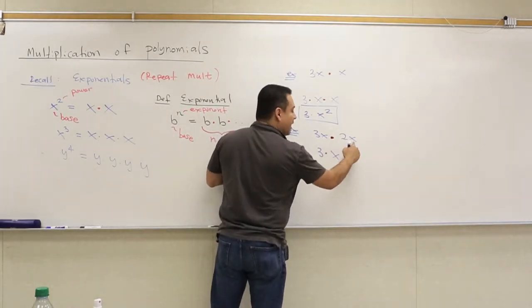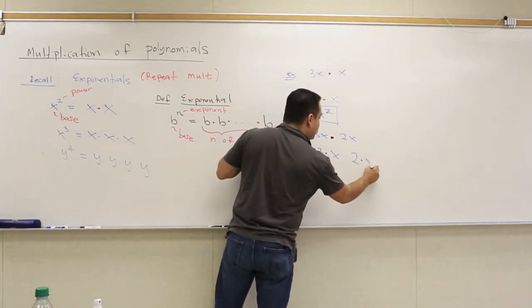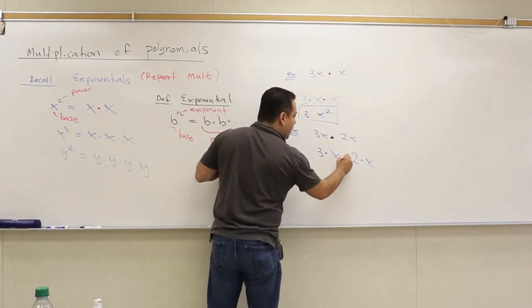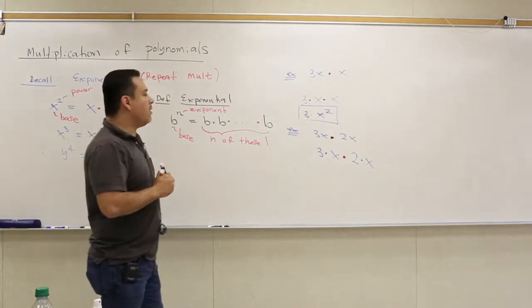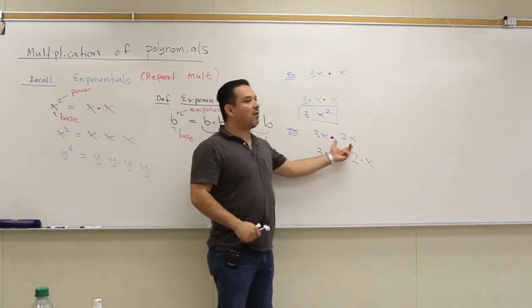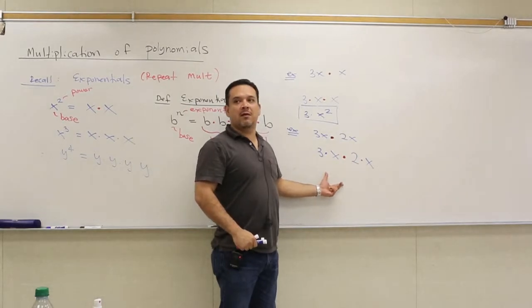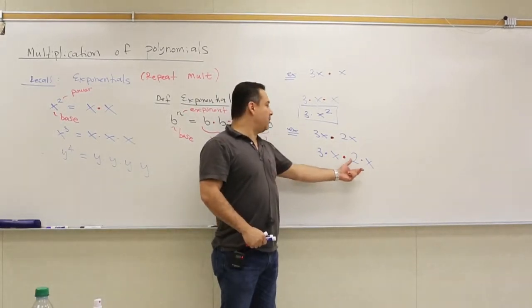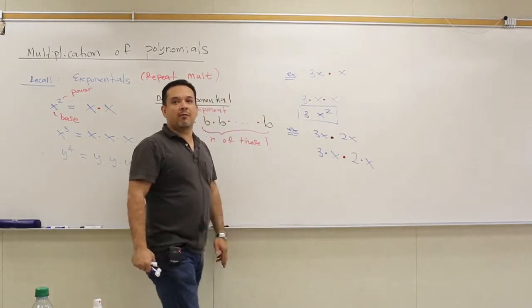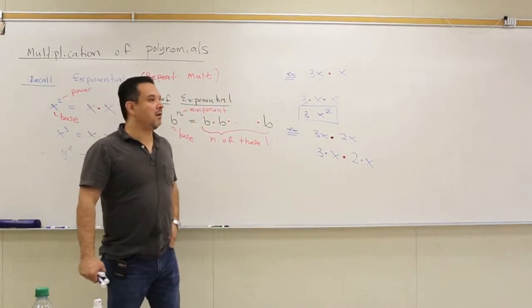What's happening with the 2 and the x? Multiplication, okay? And we still have our multiplication sign here. So the question I'm going to say to you now is, how do we simplify this, or how do we multiply this? Okay? How are we going to multiply it when it's written this way? Anybody know? How do you multiply this?